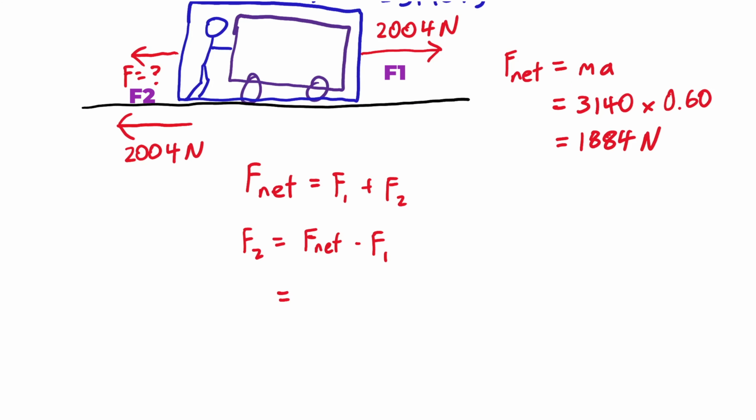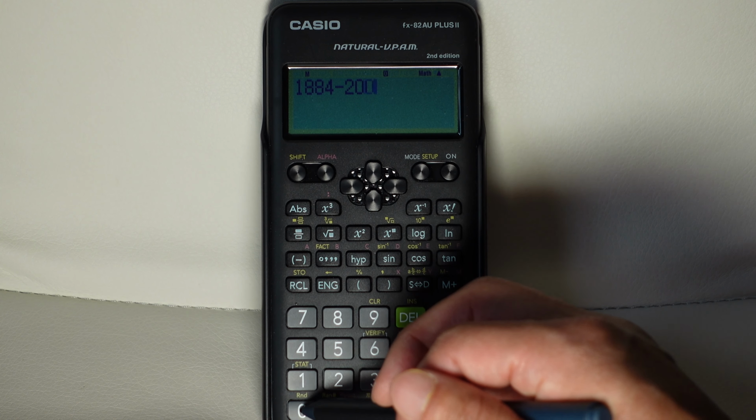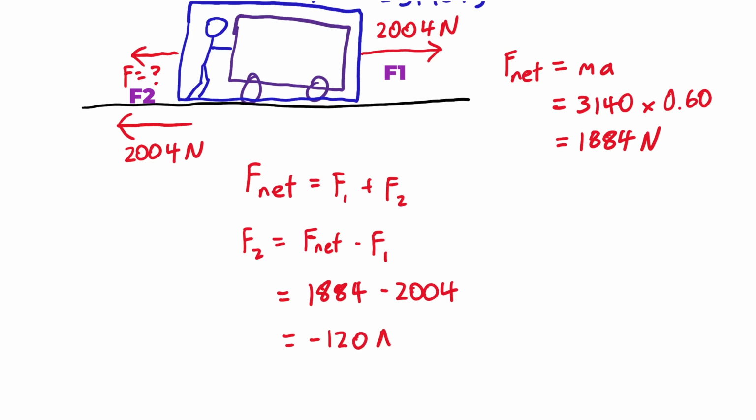F2 equals 1884 minus 2004. If we plug that into the calculator, then we get an answer of 120 newtons. And that is the force that the ground is exerting on the bus from friction.